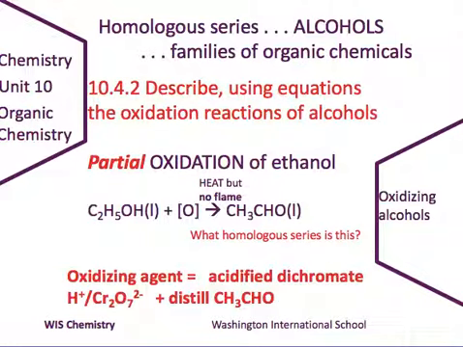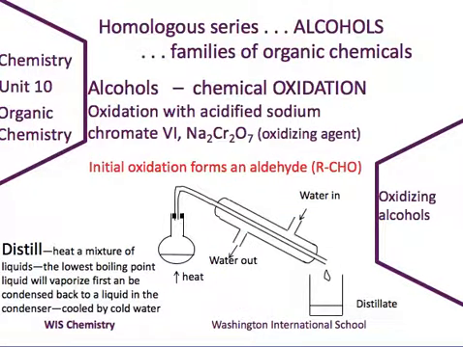What homologous series is that? The oxidizing agent can be acidified sodium dichromate, and you have to distill the product to separate it. The product here, with this characteristic CHO functional group, is an aldehyde. To distill the product, you're going to use a regular condenser.